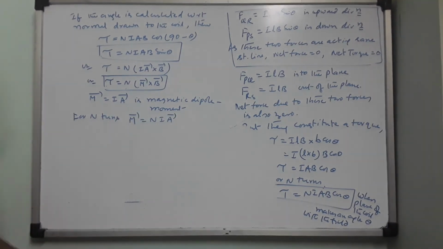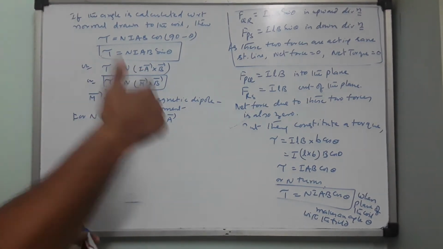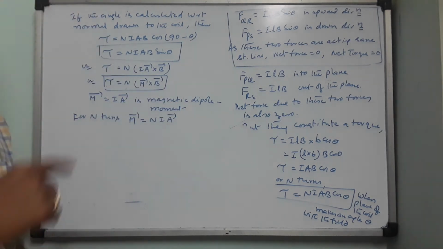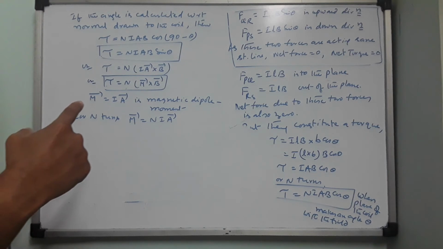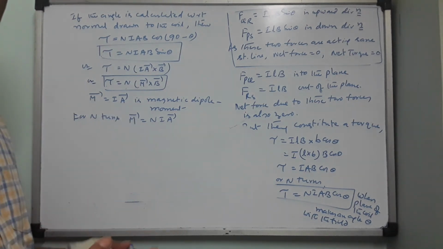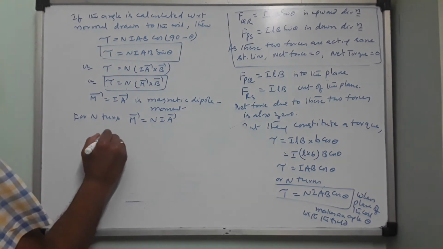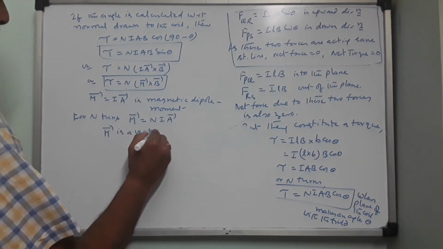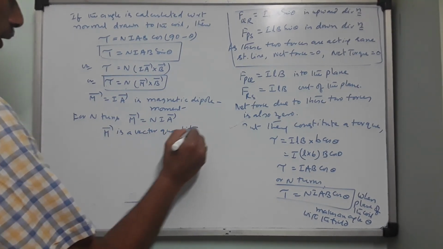Now the direction of A will be given by, again, right hand rule. If you have a coil, then the area will always be normal to the surface of the coil. You have to draw a normal. So that is the direction of your area vector. So M is a vector quantity.